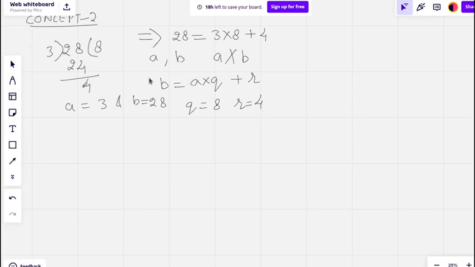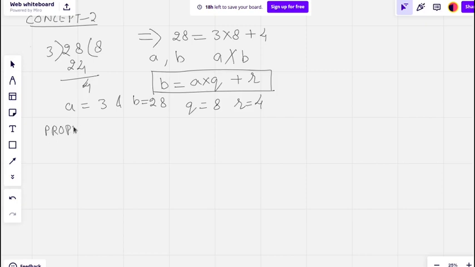So this is how we can formalize the division. Okay, so this equation is something which we have to note, and depending upon this equation there are some properties of remainder, and that is what we want to understand.